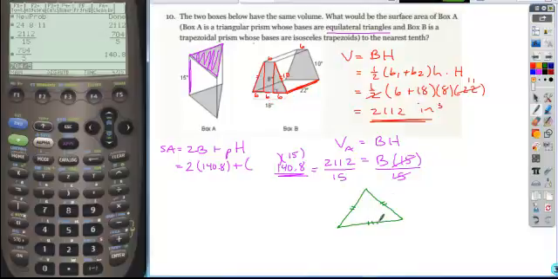I know that the total area of this triangle is 140.8. If I draw in my altitude here, I know that I'm dealing with the sides x, 2x, x root 3. My area formula is 1/2 base times height. My base is this whole length, 2x. My height is x root 3.